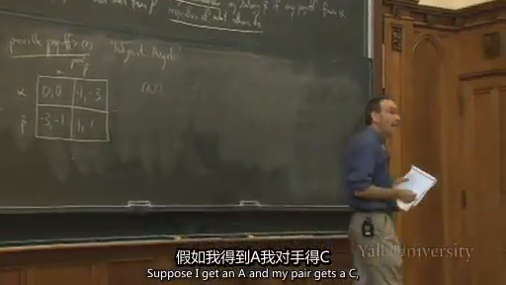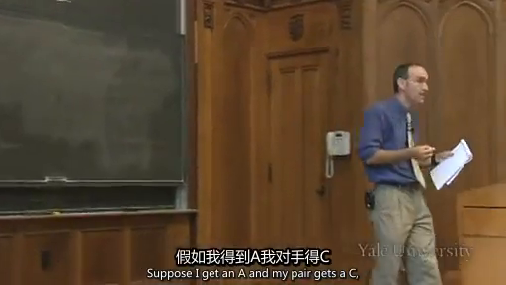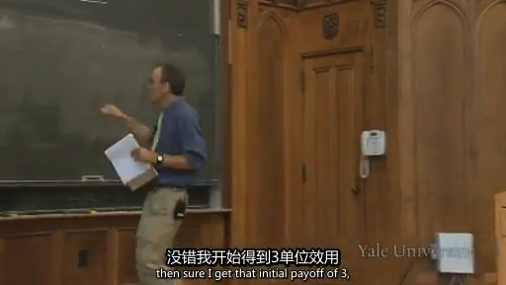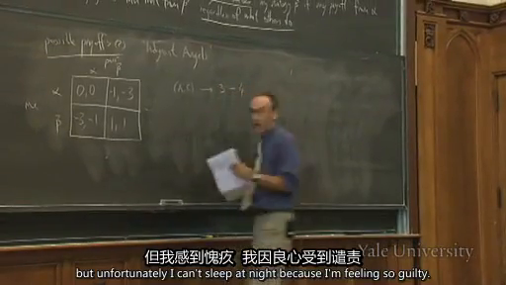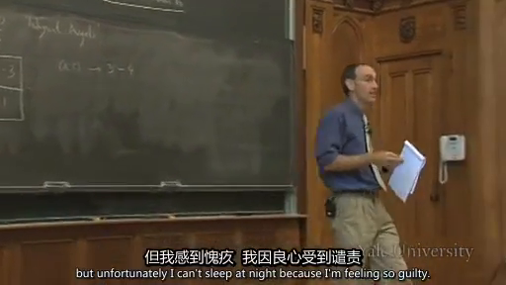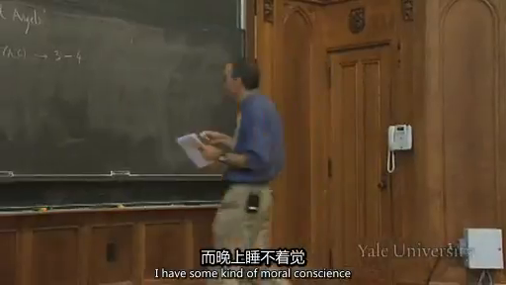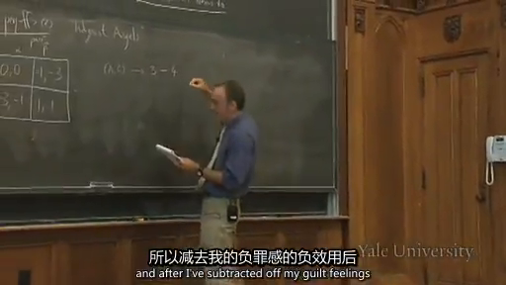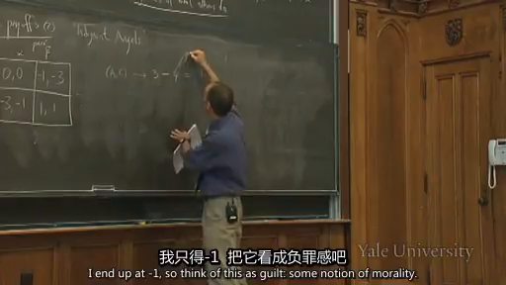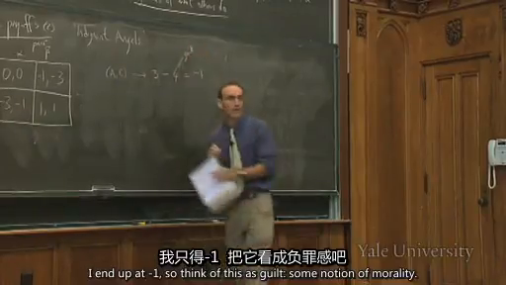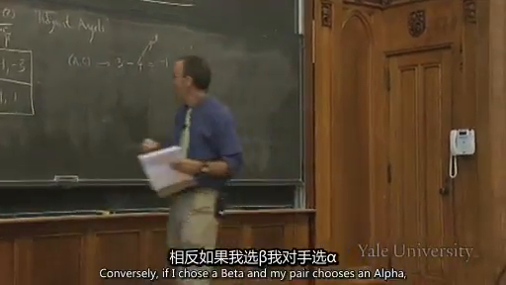Suppose I get an A and my pair gets a C, then, sure, I get that initial payoff of 3, but unfortunately, I can't sleep at night because I'm feeling so guilty. Right? I have some kind of moral conscience, and after I've subtracted off my guilt feelings, I end up at -1. So think of this as guilt, some notion of morality. All right?